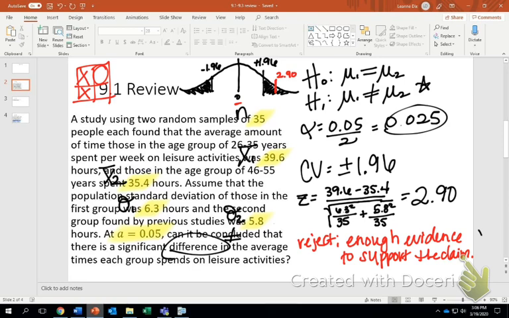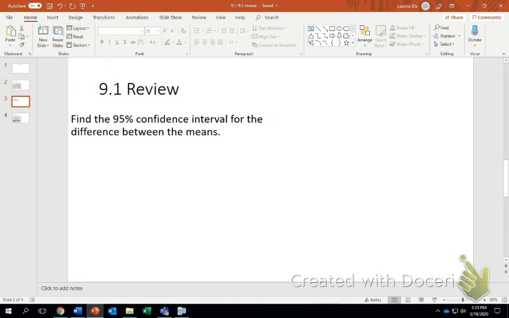The next example will be for our confidence intervals. This one says find the 95% confidence interval for the difference between the means, and it's asking for the previous problem's information.